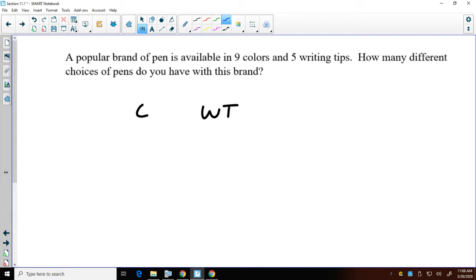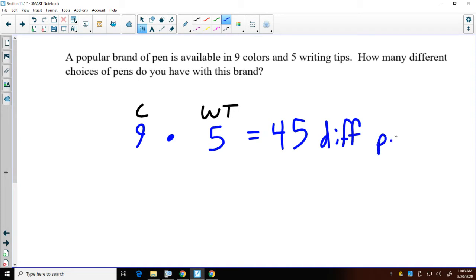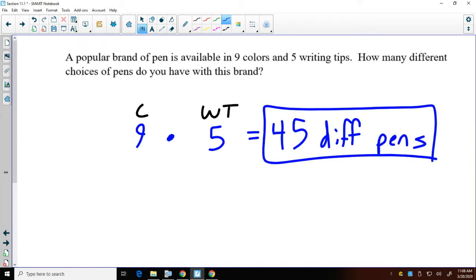How many colors do I have? I have 9. I'll multiply that by how many writing tips? I have 5. All I have to do is multiply those together, and I get 45 different pens. Done. That's all you have to do. There's your answer.